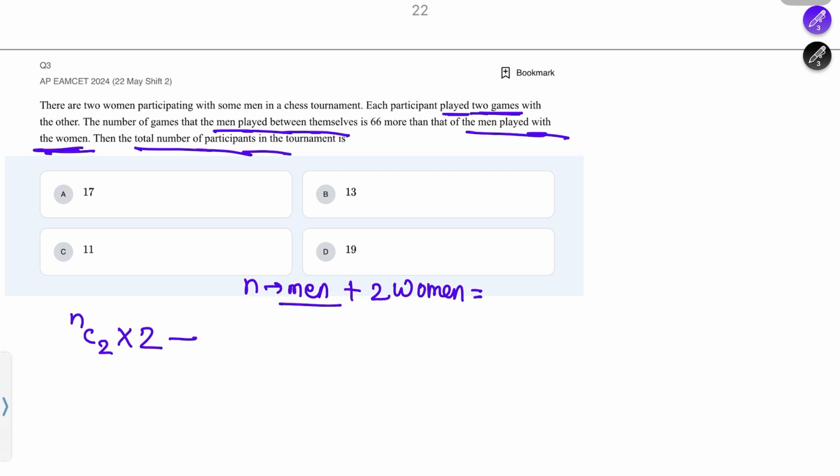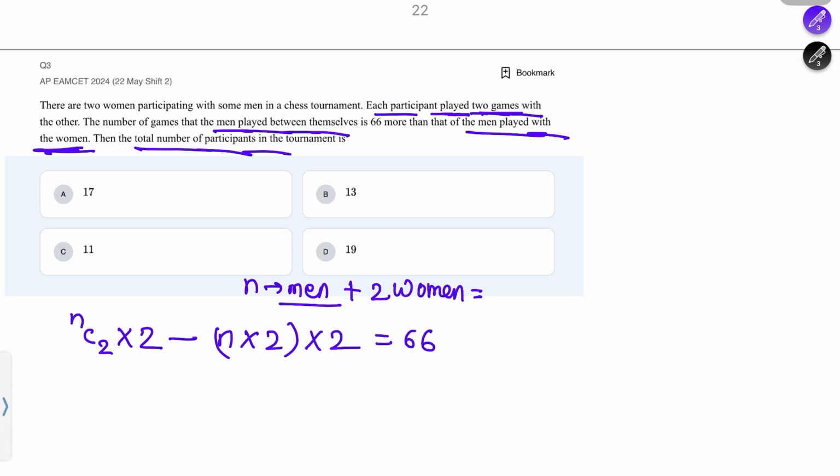The total number of men is n, and they play the two women only, so n into 2, and every pair is multiplied by two because each plays two games. And it is given that the difference is 66.